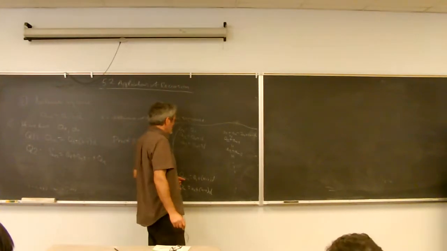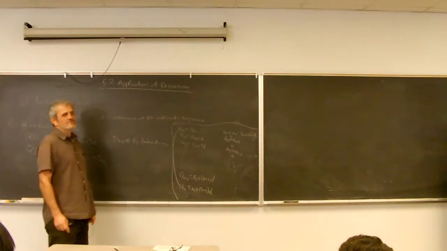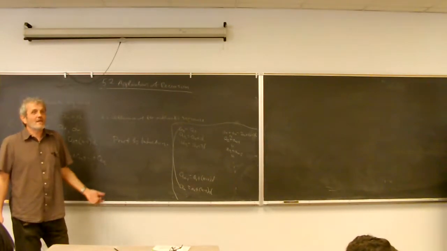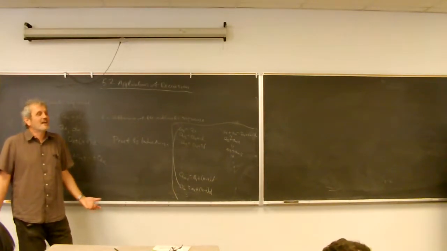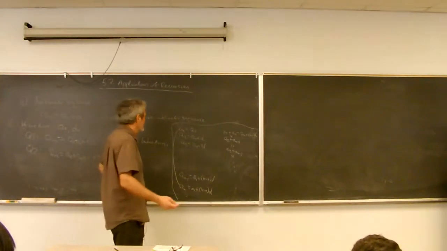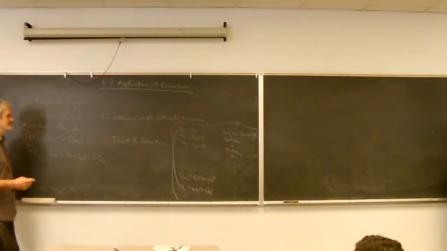So generally, the question is, how many pairs do I have here? n over 2. If n is even, I'll get a whole number of pairs. If n is odd, I'll just get half a pair for that individual, which is absolutely fine for the calculation. So what's the formula then? S_n is what?